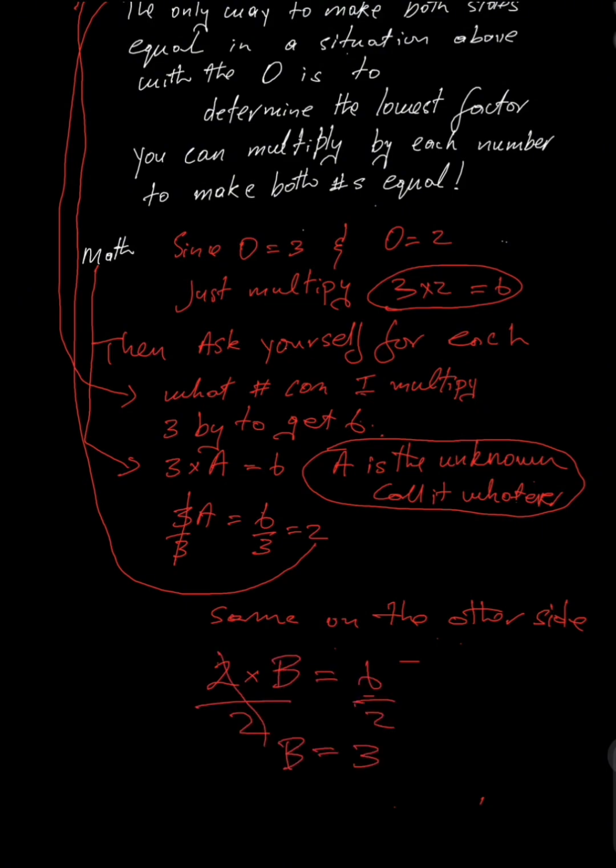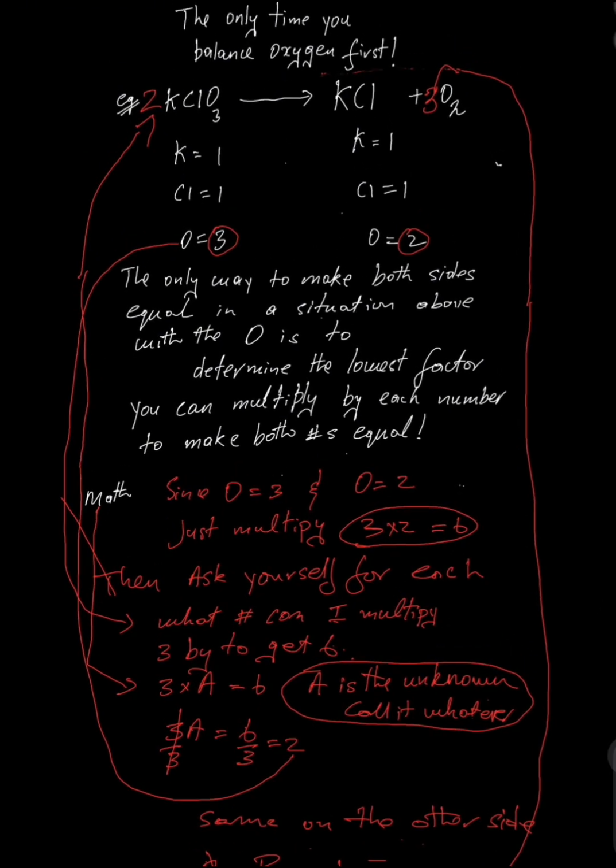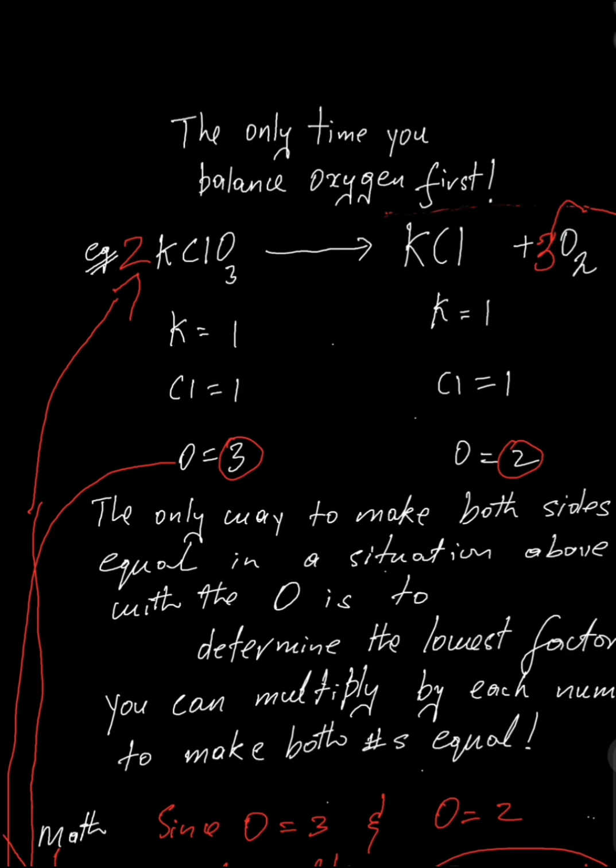Here, I just really wanted to break down the math and the logic behind how we came up mathematically with the 2 that we used to multiply on the reactant side and the 3 that we multiplied on the product side. It's simply just multiplying to make both sides equal.